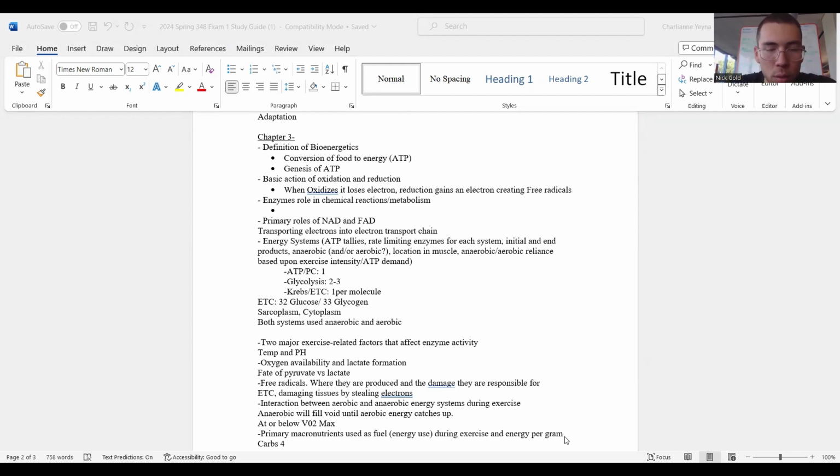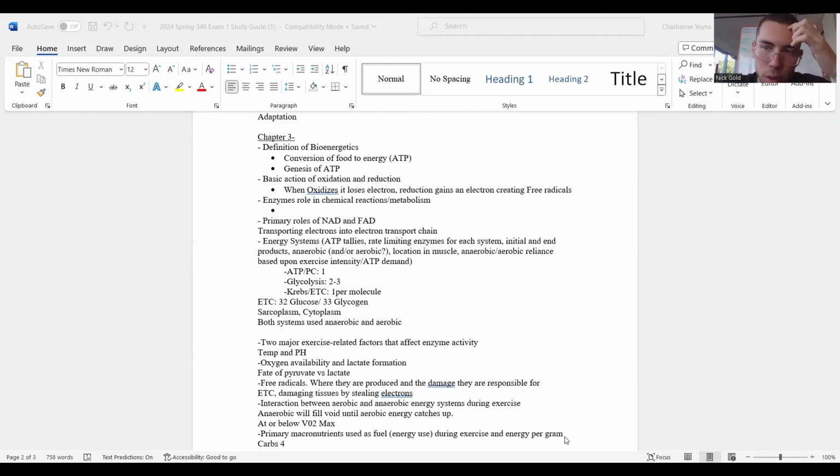These are all individual ways, but you can use 2 or 3 systems. For instance, we use the ATP PC system when we are trying to get energy. We use glycolysis, the citric acid cycle or Krebs, and the electron transport chain, all when we're trying to get energy.